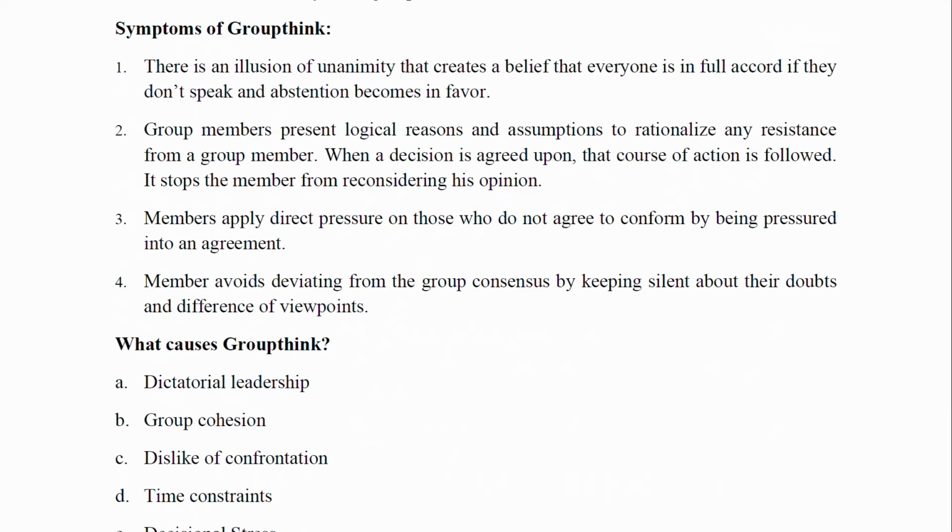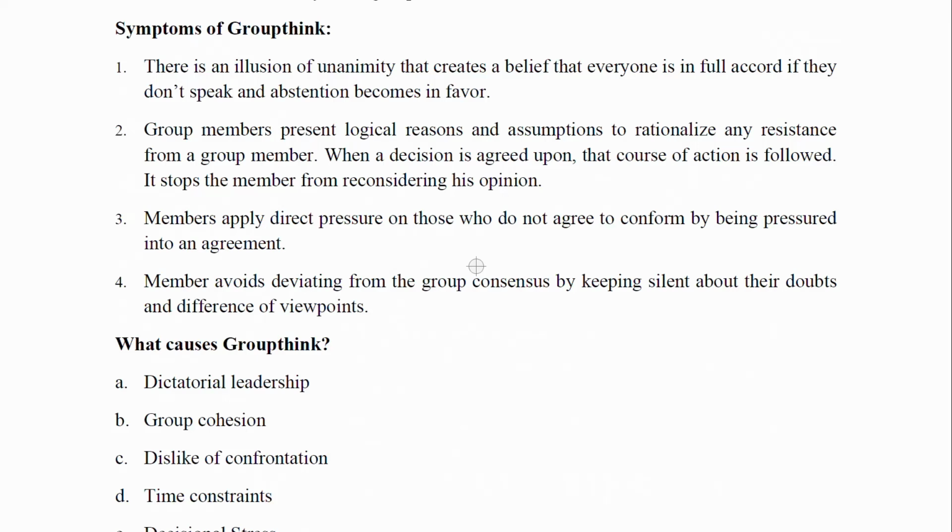Symptoms of groupthink. First, there is an illusion of unanimity that creates a belief that everyone is in full accord. If they don't speak, abstention becomes in favor. Second, group members present logical reasons and assumptions to rationalize any resistance from a group member.